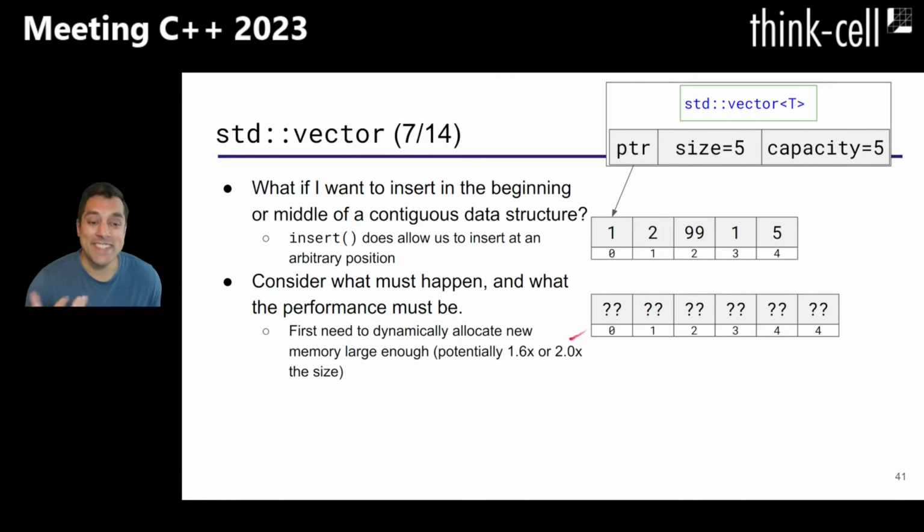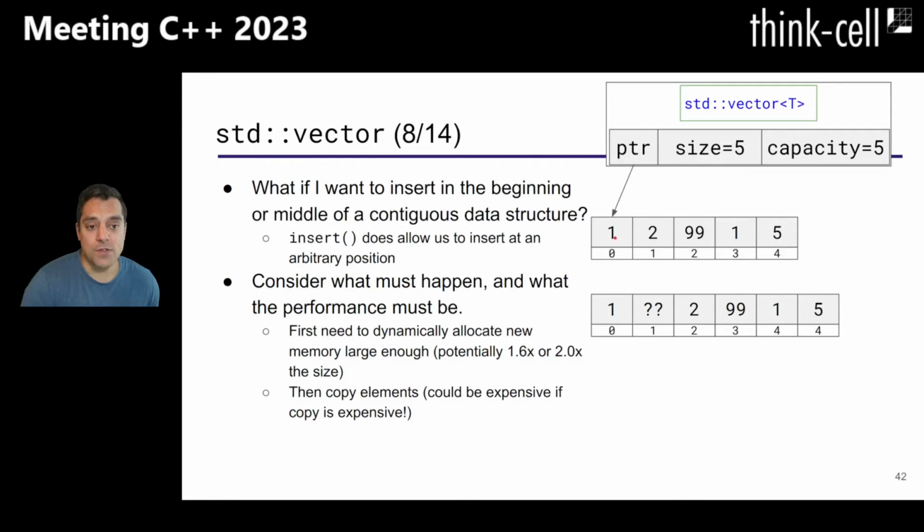And what you're going to see has to happen is I need to do that expansion again. I need to effectively duplicate my vector. And again, maybe that's by some specific factor. For the purpose of this visualization, let's say it happens to add 1 element. And we have to copy 1 over to its index, 2 over to its next spot, 99 to the next spot, etc., so that we leave that spot where we want to insert available.